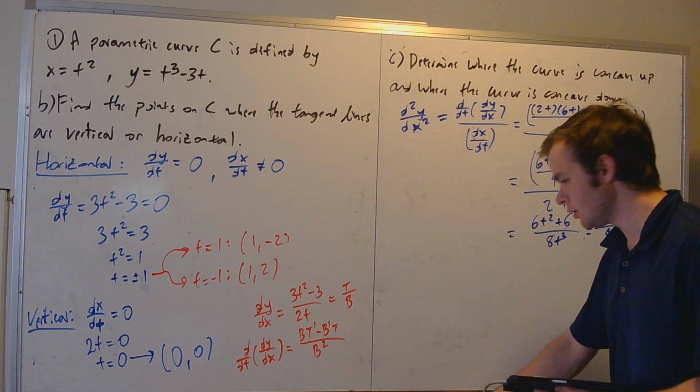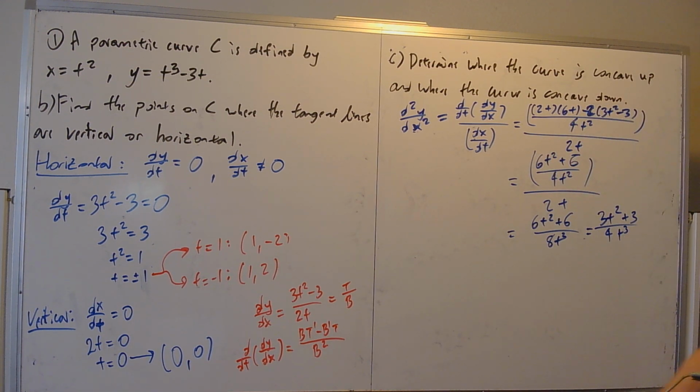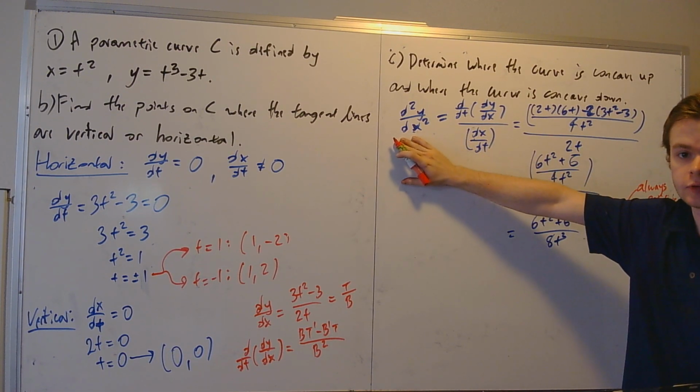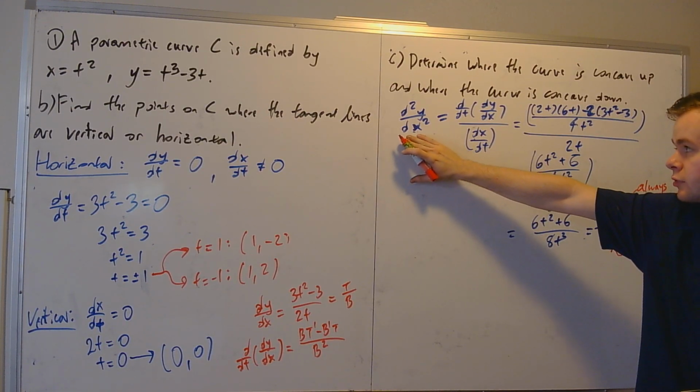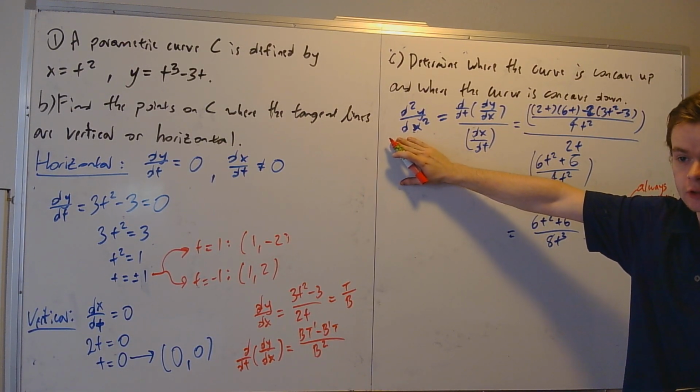Okay, now we need to analyze both the numerator and the denominator here. So the numerator, notice, that's always positive. And then if we look at the denominator, because we're trying to figure out where this is positive and negative, remember, because we're trying to figure out whether it's concave up or concave down.